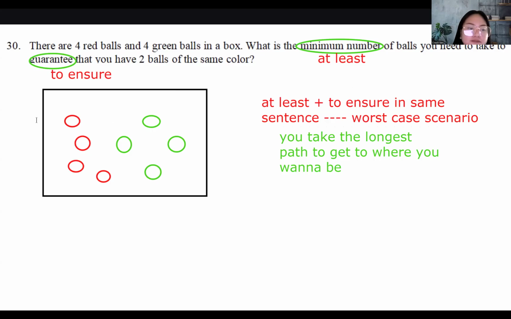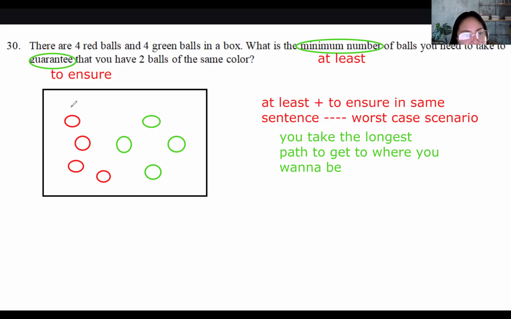So, let's solve. First, you can get this and this. And you would still not have 2 balls of the same color, correct? If you get this first draw, you get this one.